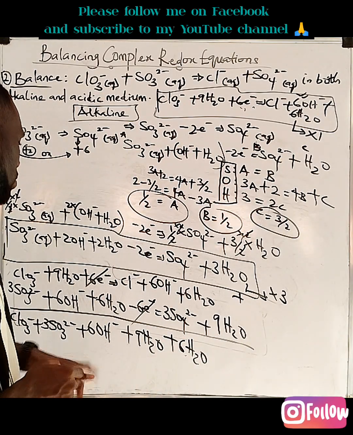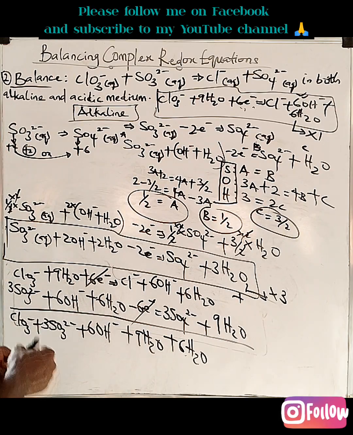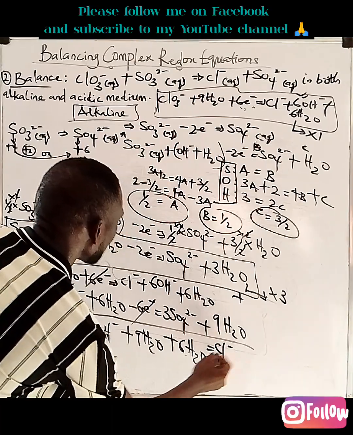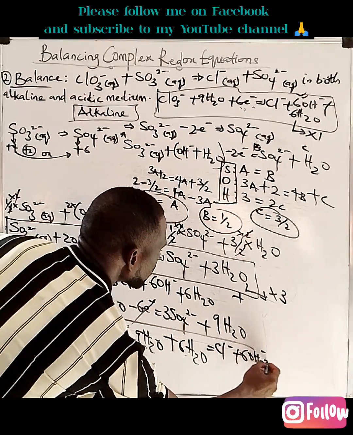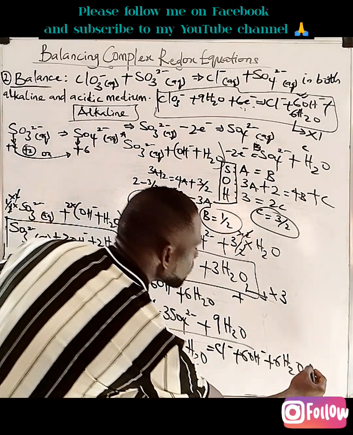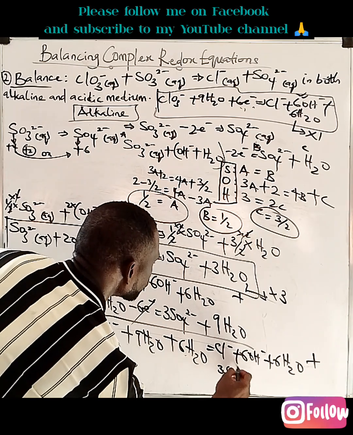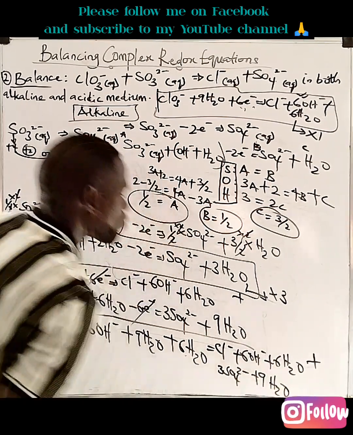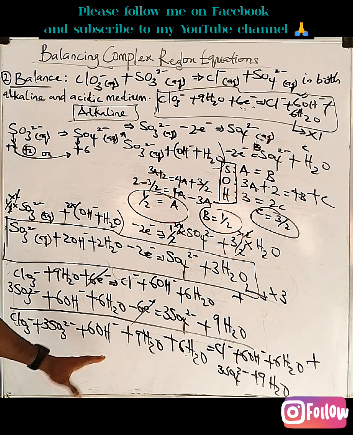Then we have the result: Cl minus plus 6OH minus plus 6H2O, then plus 3SO4 2 minus plus 9H2O.